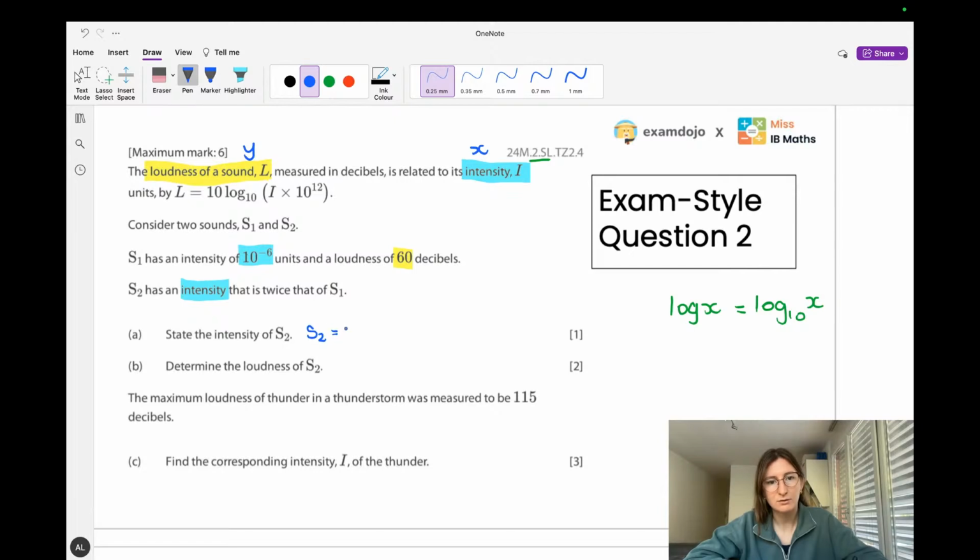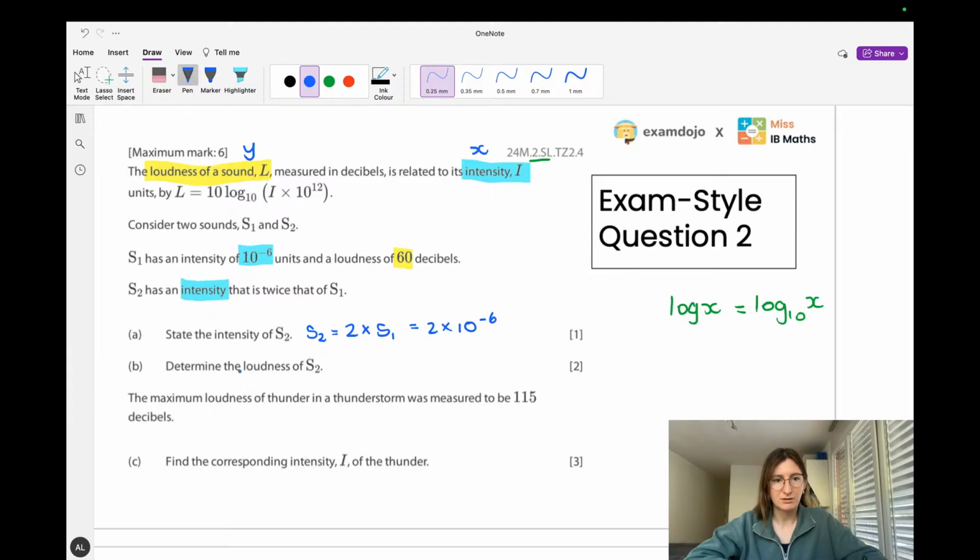S2 is equal to 2 times the intensity of S1, which is 2 times 10 to the minus 6. And I can leave it like that, so only 1 mark. And this isn't necessarily any less simplified than 0.000001. So leaving it like that is absolutely fine.